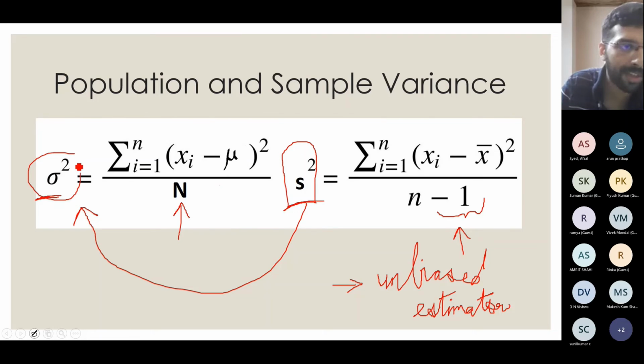Because I have a population, I am taking some samples out of that and I am trying to find the variance of that. So for the sample variance to be an unbiased estimate of my population variance, I am subtracting 1 here. Why that minus 1 is slightly mathematically involved. If you want, we can discuss it in some session when we have time, or you can go through literature that is very well documented.